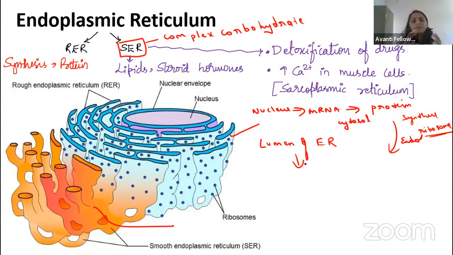In the protein we have foldings, right, guys? We have the tertiary structure and the quaternary structure. The foldings of the protein will happen in the endoplasmic reticulum, along with the modifications, okay, guys.